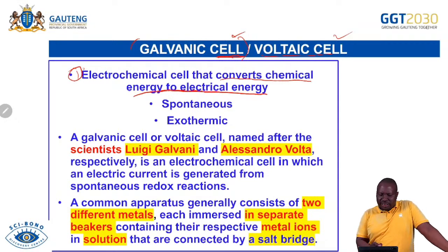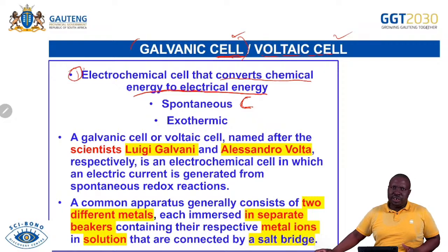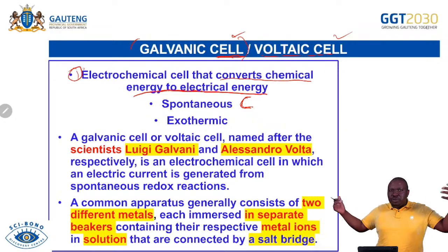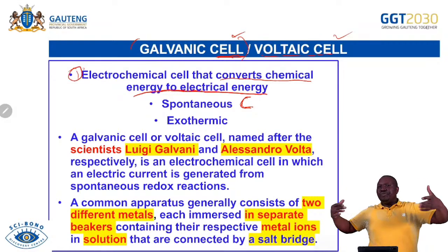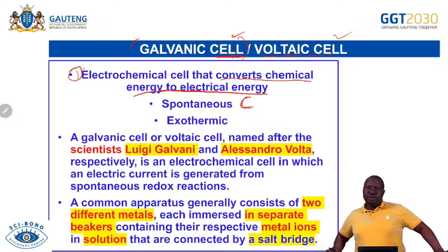Now, this galvanic cell, we say it is spontaneous. I talked about that. Remember when I was saying metals will easily lose electrons and non-metals would easily want to gain electrons. So it's spontaneous. It's not a process that is forced. We don't need any energy. We don't use any other energy source in order for this process to occur. It occurs without addition of external energy.